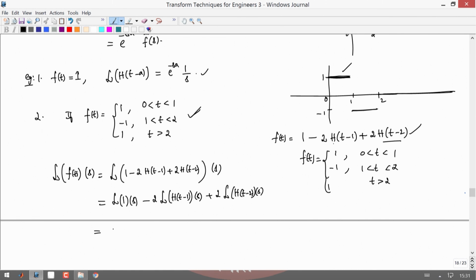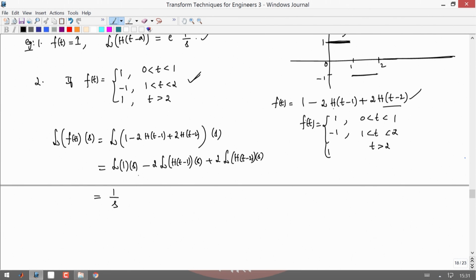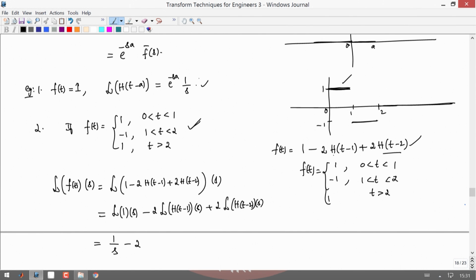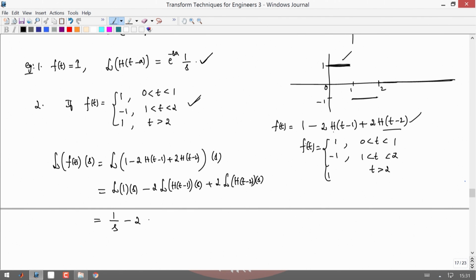So, you can write 1 by s for a constant function, and minus 2 times h of t minus 1. Now, we can use the property e power minus s a. So, you have e power minus s a, where a is 1.